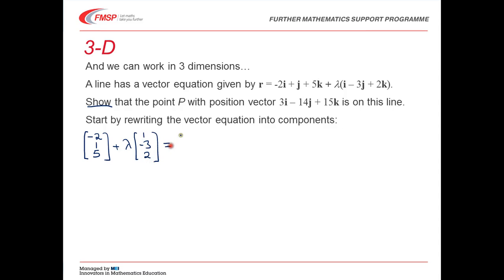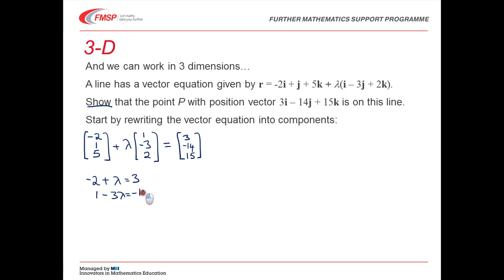And then I'm going to set it equal to the position vector of the point P, 3, minus 14, 15. That gives me 3 simultaneous equations.